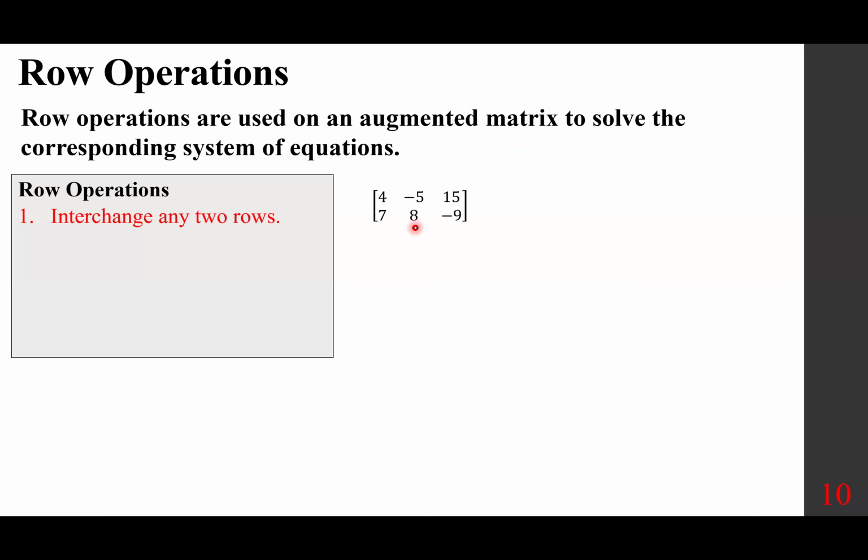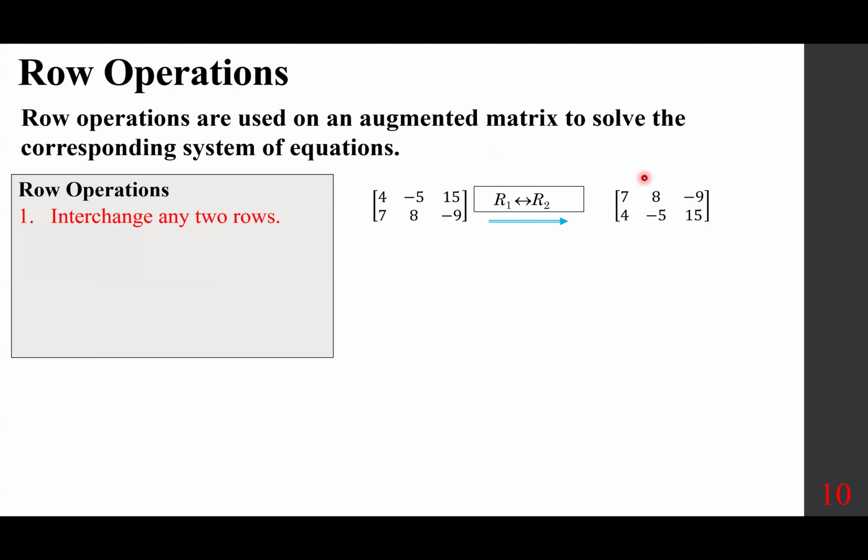Here's an example of a matrix. If we use this, it means interchange row 1 and row 2. That's the meaning of it. So the second row becomes the first one, and the first one becomes the second one.